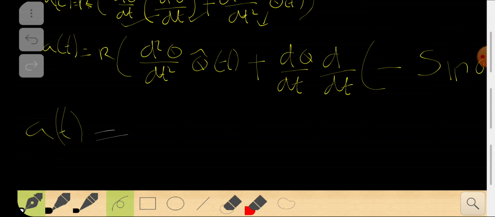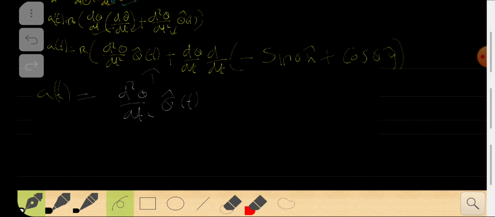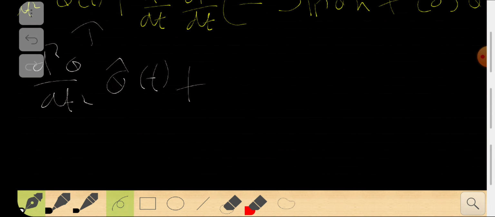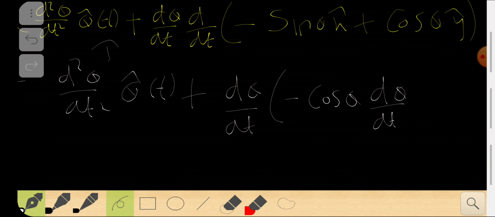A of t must be equal to d square theta by dt square in the theta cap of t, the first thing itself, plus d theta by dt times d by dt of minus sine theta, which is just minus cos theta times the derivative of theta, d theta by dt, in the x cap direction.